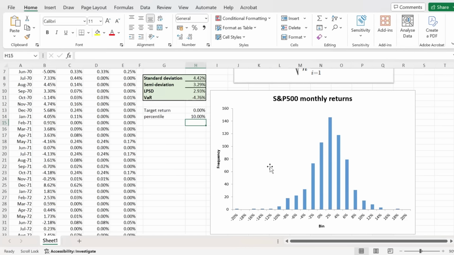So with 10% probability in a future month, if history repeats itself, if there's no systematic change in the market returns in the future, I might experience a return of minus 4.76% or worse. Okay, so that would be the interpretation of value at risk.